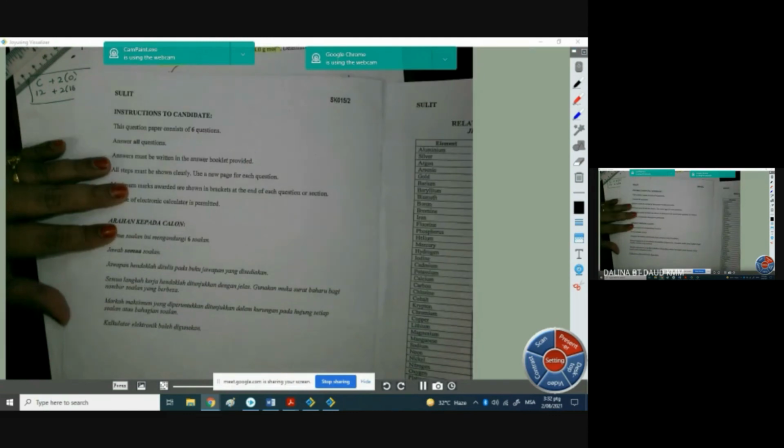Dia akan bagi list macam ni. Seperti ini saja. So yang macam yang saya guna ni, ini je yang awak guna nanti. So saya prefer you untuk practice guna benda ni lah, instead of you guna periodic table. Bukan saya kata periodic table you nak guna salah.